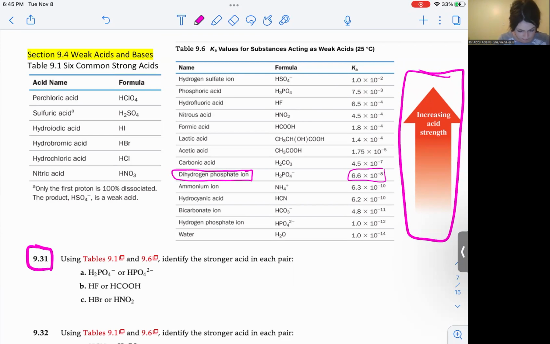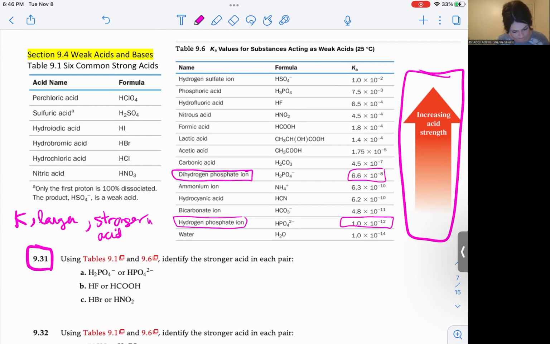We have our hydrogen phosphate ion, and we can look at the equilibrium constant, because we know that as the equilibrium constant is larger, that's going to be a stronger acid, even though it's a weak acid. It's a stronger weak acid. I know, it's kind of confusing. So, A, which one is going to be stronger? Well, it's definitely going to be dihydrogen phosphate ion, this one.